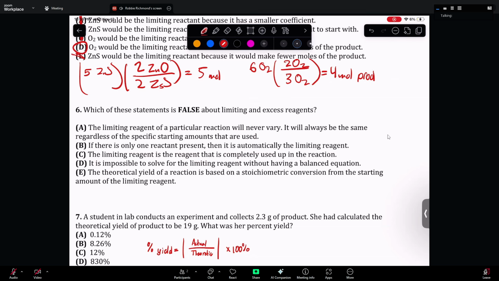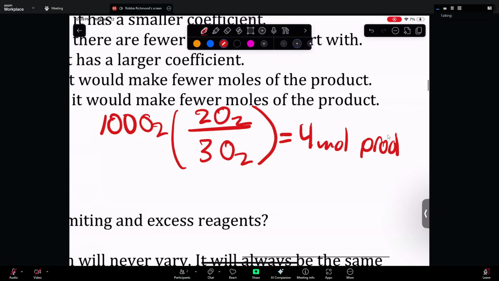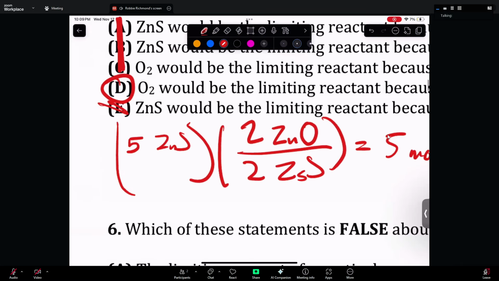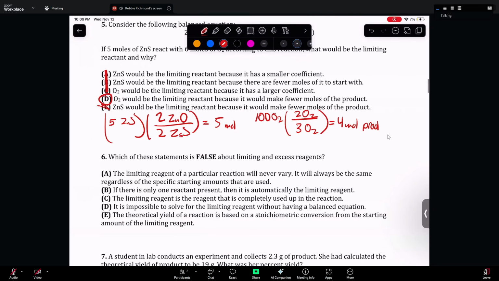That makes no sense at all, because if we're looking at this previous question, let's say we started with a large amount, 100 moles of O2, we're going to generate way more product than with those 5 moles of ZnS. So the amount of product actually does really depend on what is going to be our limiting reagent. So this is going to be false, but let's look at all the other ones and just double check.